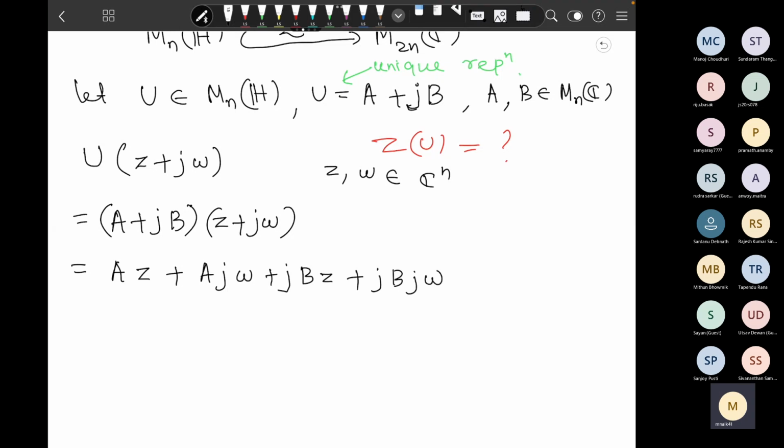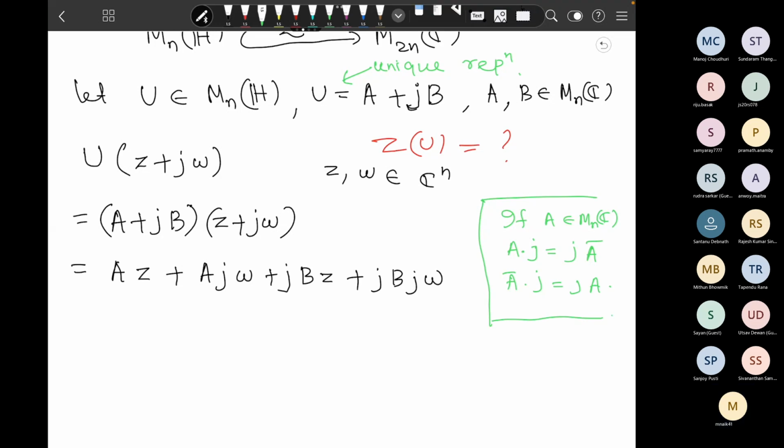In the previous lecture, I told you that if A belongs to MNC, then AJ is equal to J A bar, so A bar J is equal to J A.